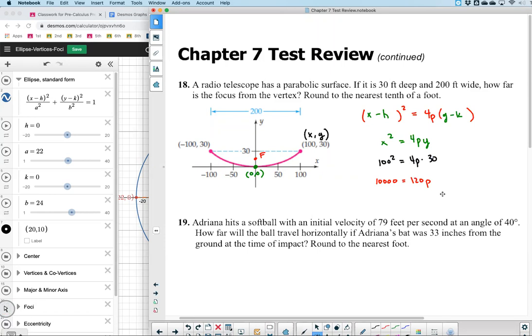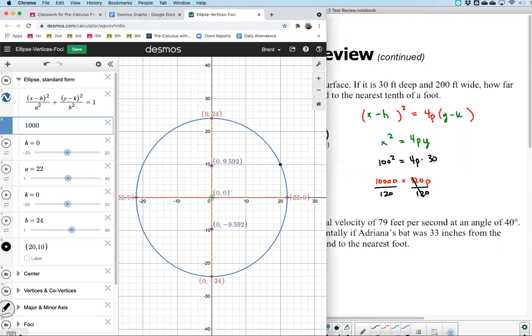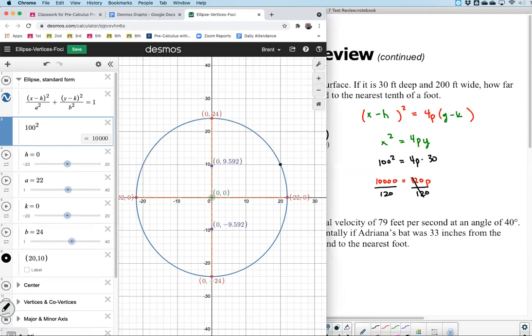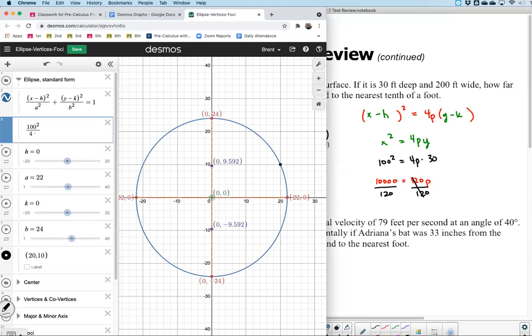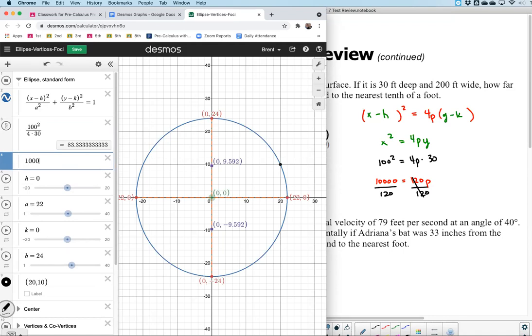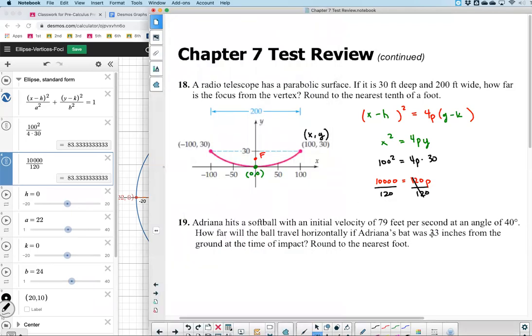And so to get our answer for how far is the focus from the vertex, it'll be whatever 10,000 divided by 120 is. In case you don't know, let's just do it. 100 squared divided by 4 times 30. If I type it like I had it written out right here, you get the same thing, 83.3333.